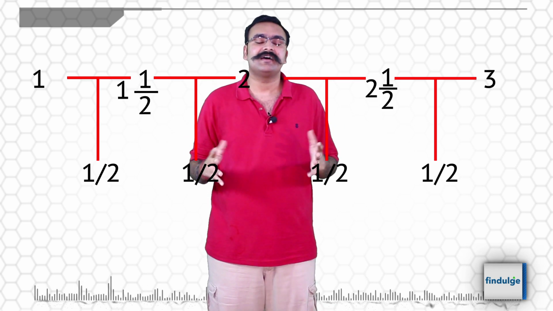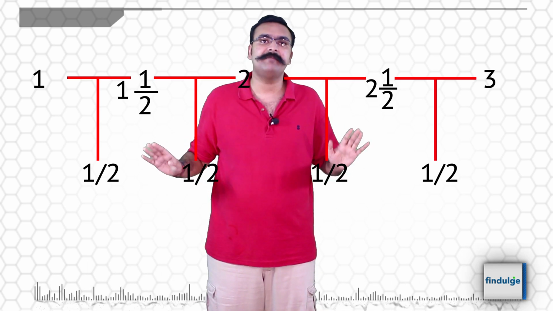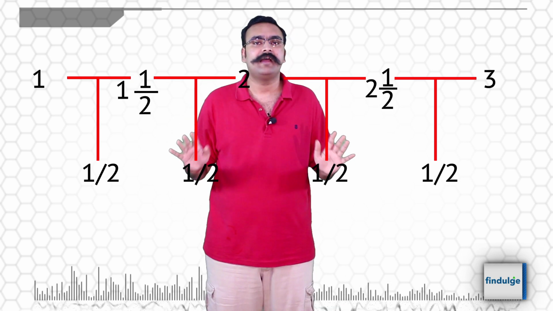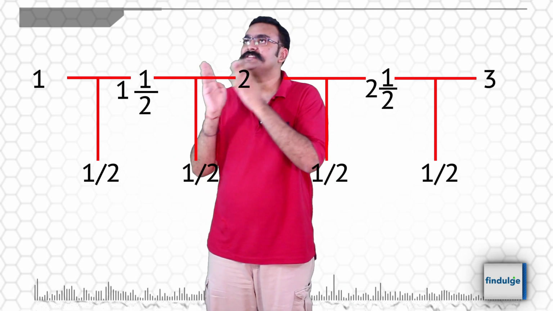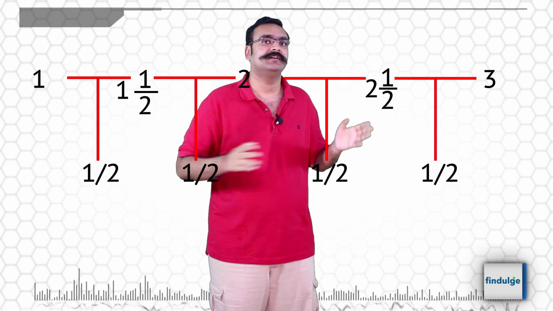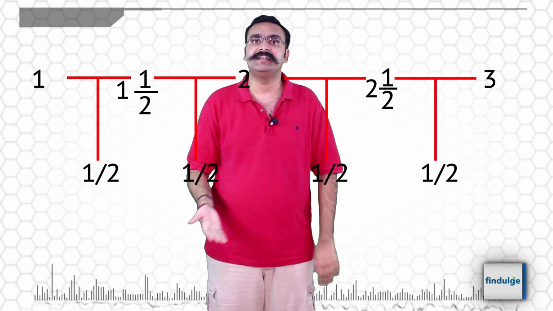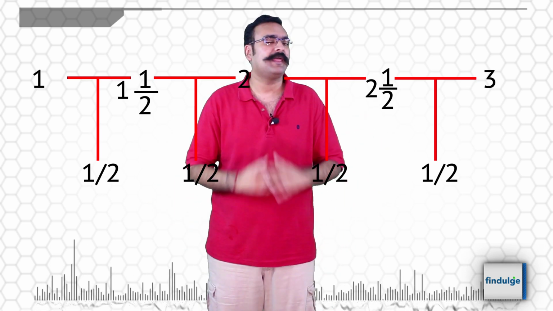So any AP is allowed as long as the difference between the consecutive terms remains the same, whether it's negative, whether it's a fraction, anything. Now that we know that an AP can be of any form, let's look at some of the work that we can do with them.